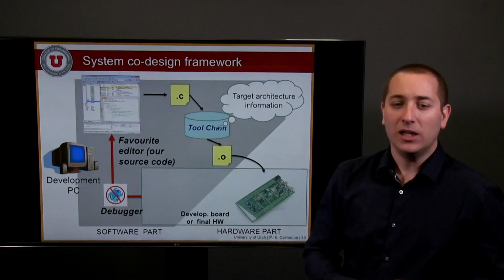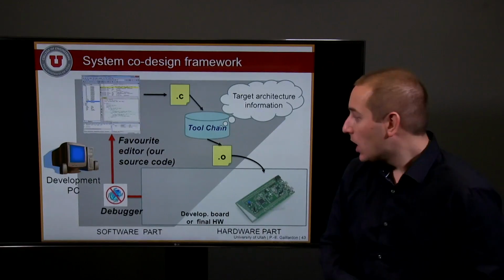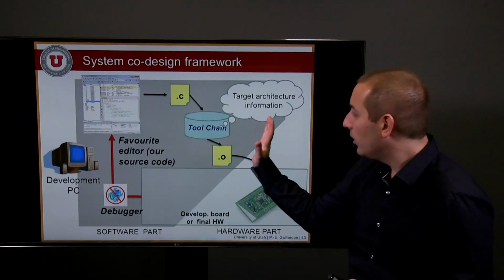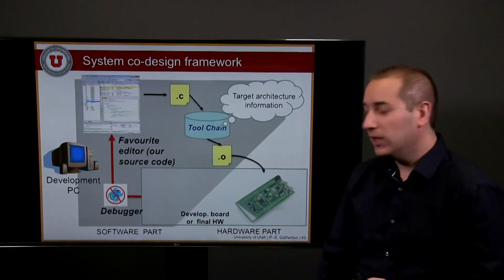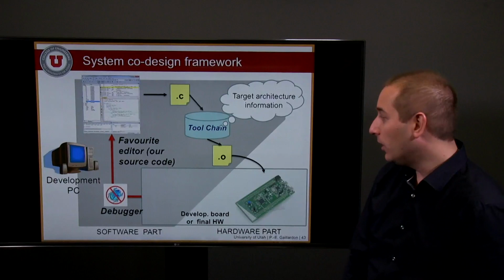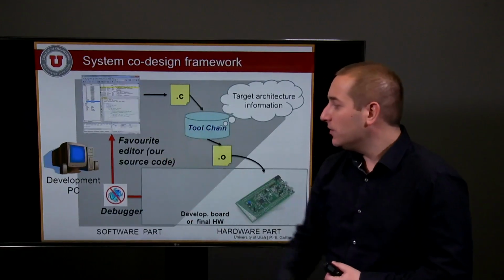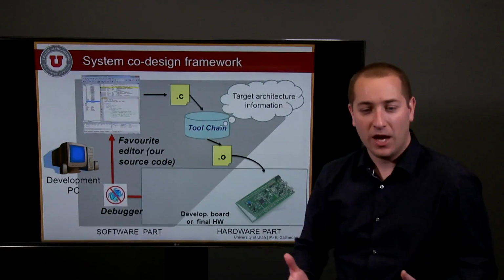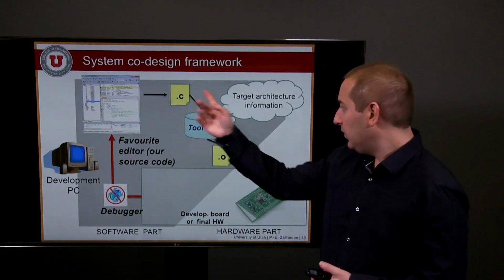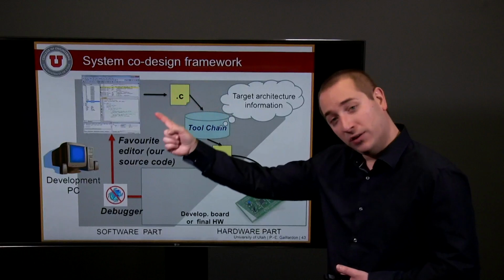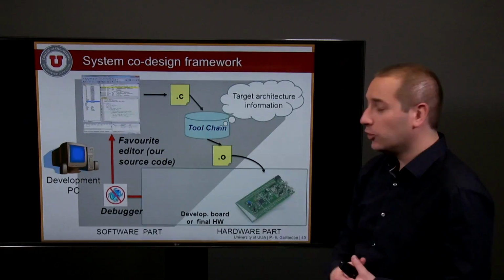So I mentioned the system code design framework, where you will have a first part on the development computer, and a second part running on the hardware target. On the development computer, you will run your favorite editor that will help you to enter your C code. And this C code will be transformed into an executable file using the toolchain.